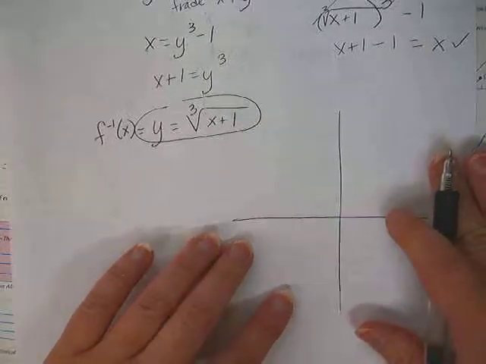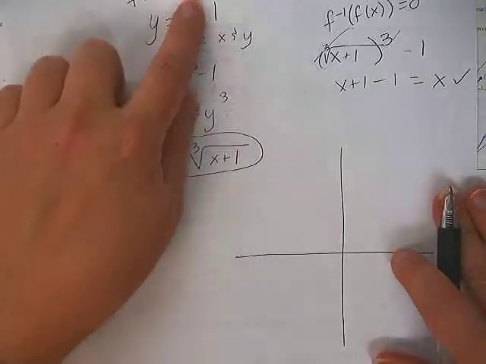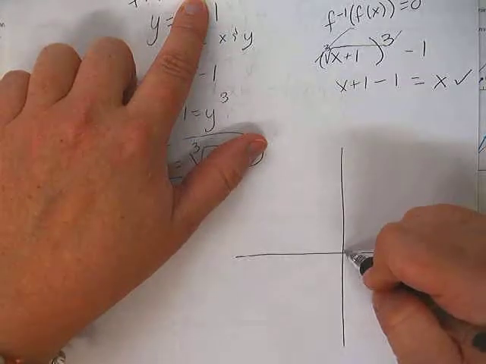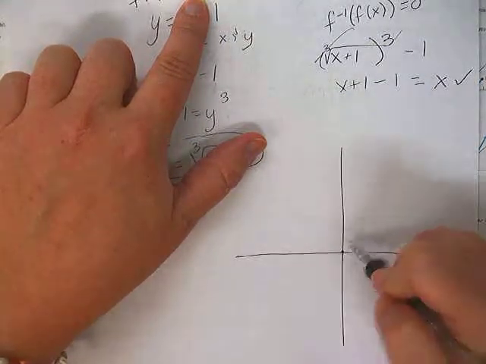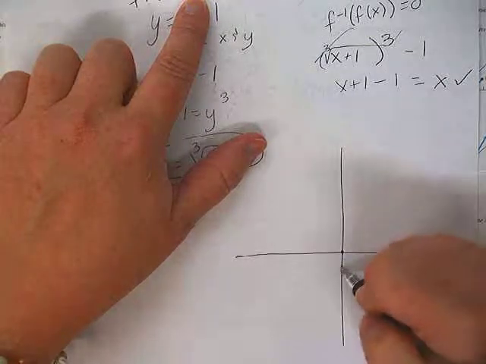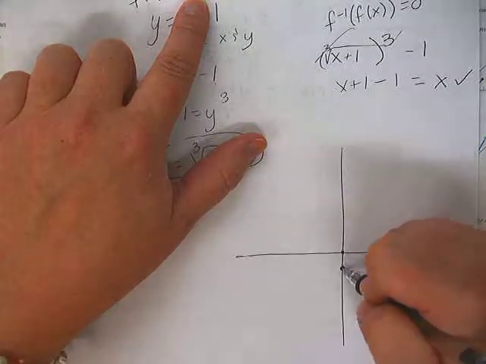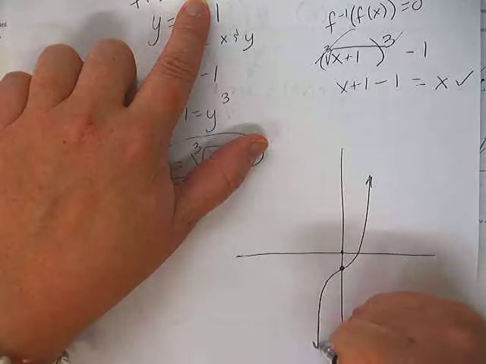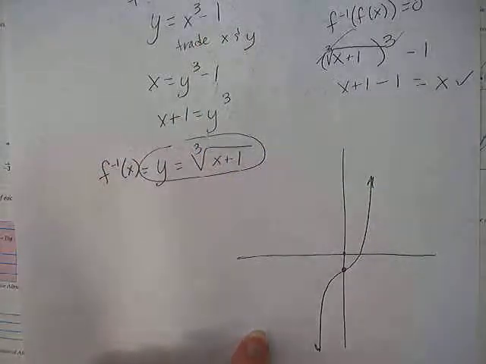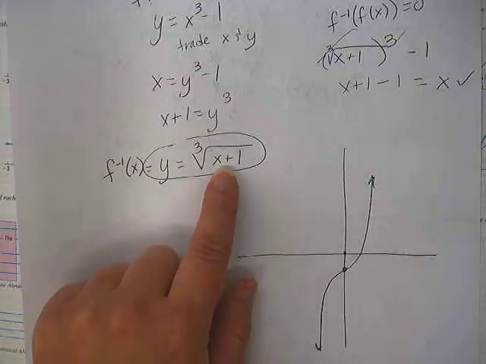Now let's graph them both and check to make sure they look like inverses, that the x's and y's have actually traded. To graph the function x cubed minus 1, it would be the x cubed function, but instead of starting at 0, 0 where that turn happens, it's going to be down 1, if you remember our transformations. So this graph x cubed minus 1 would look like that.